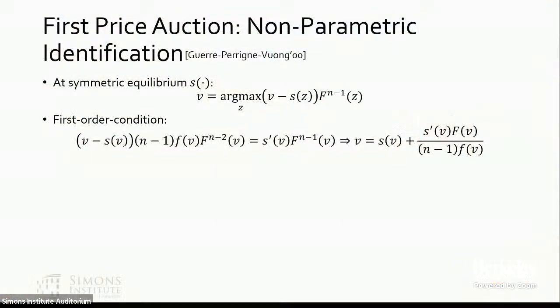And then you can solve for V. You can write V as a function of the equilibrium bid, the derivative of the equilibrium bid, the distribution of player values, and also the density of that distribution.